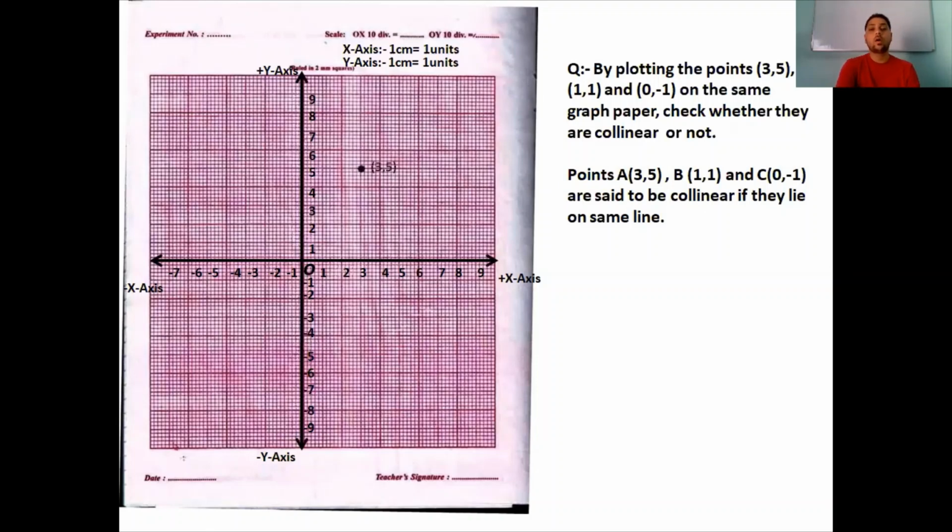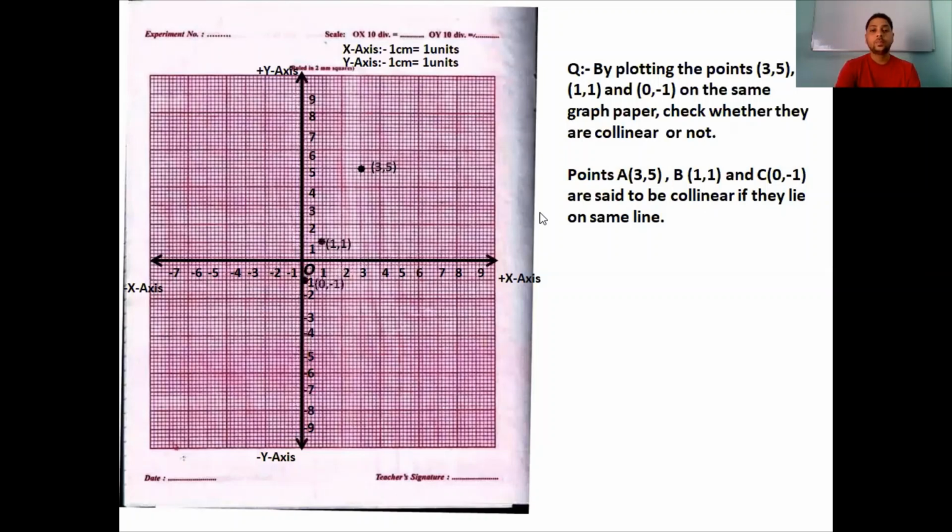So first we draw point A as (3, 5), where x is 3 and y is 5. The point will lie here. Then we have point (1, 1), where x is 1 and y is 1. This is the point here.